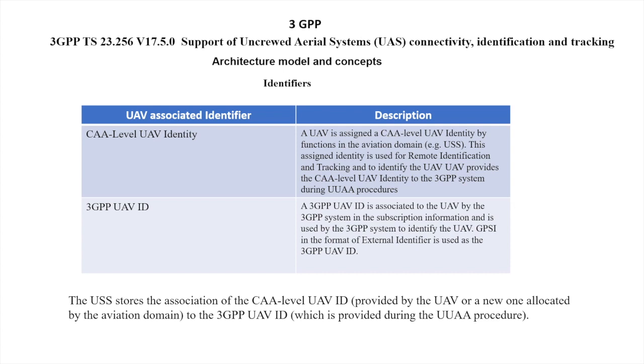Generic Public Subscription Identifier, GPSI in short, in the format of an external identifier, is used as the 3GPP UAV ID. The association between GPSI and Remote Drone ID is stored in the UAS Service Supplier.